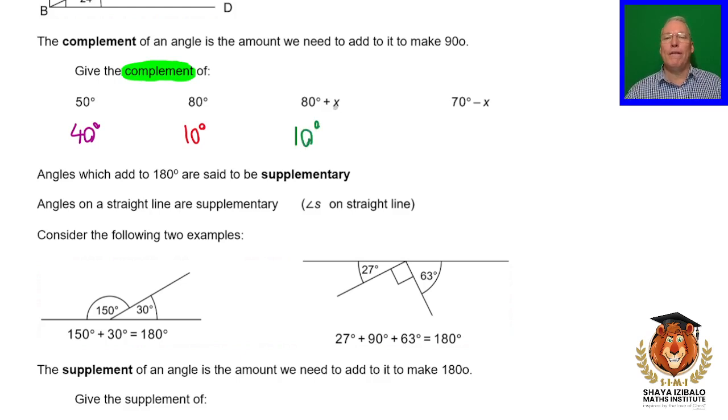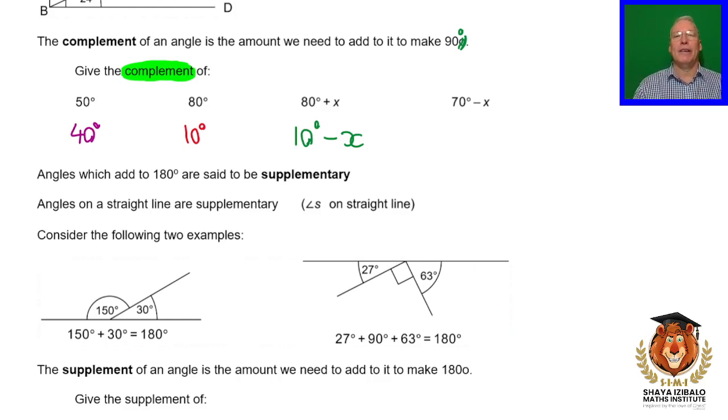And then we don't want this plus x, so in fact, minus x. Just confirm for yourself that if you add this to this, you get 90 degrees. And that's what we mean by a complement. I see this here says 90, 0. It should say 90 degrees. So 80 plus x, we would need to add 10 minus x.